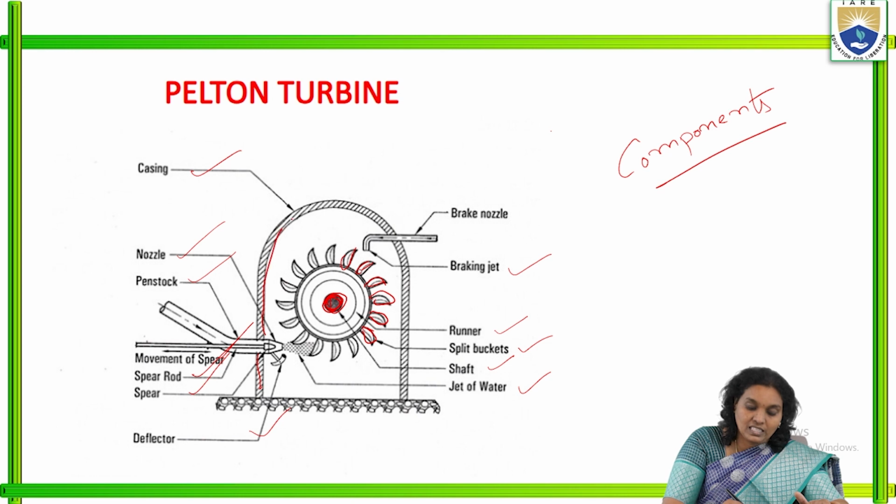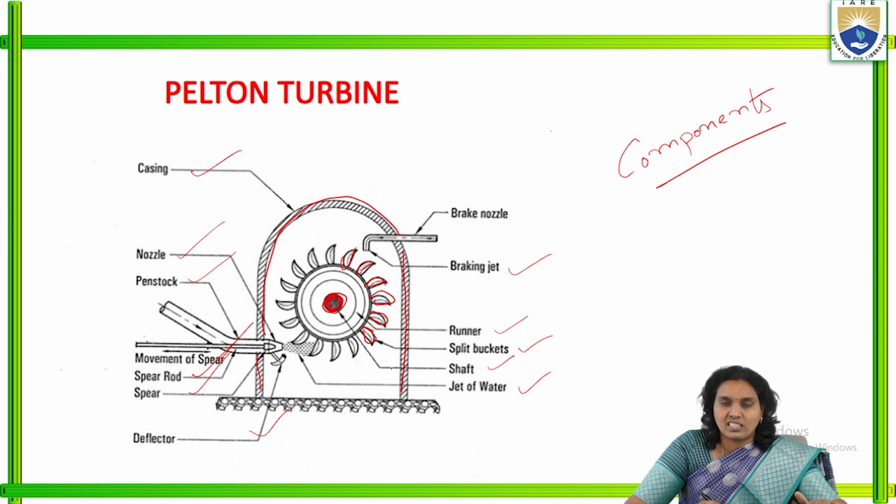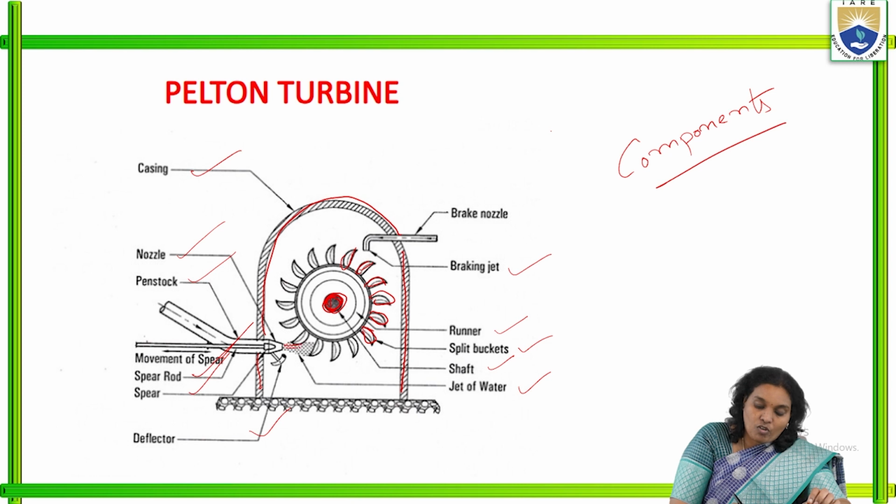This is the casing, which is present to prevent accidents and any sudden mishaps, and to protect the whole setup and all the components in the Pelton wheel. This is the jet of water coming from the penstock, and to the big penstock, a nozzle is fixed.